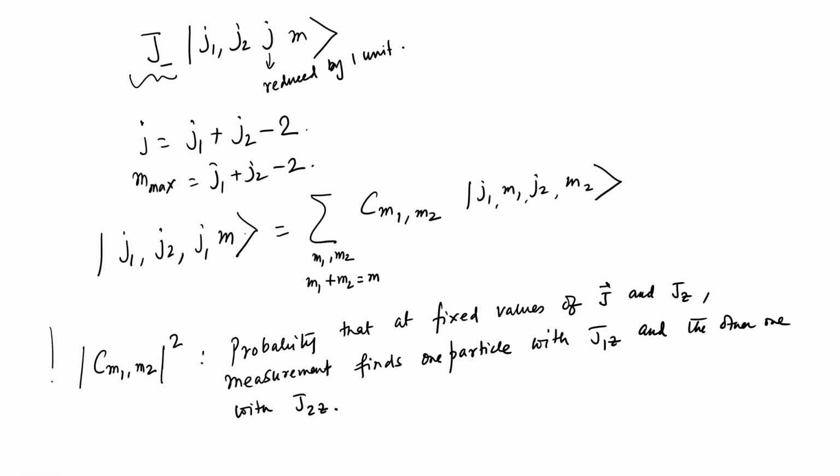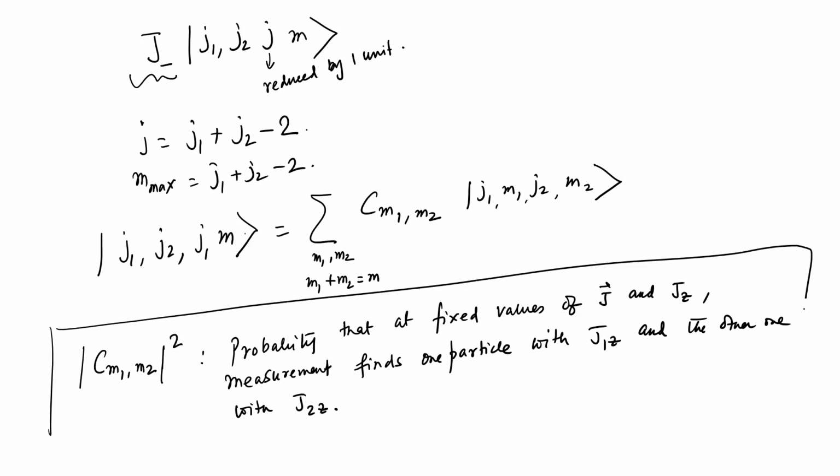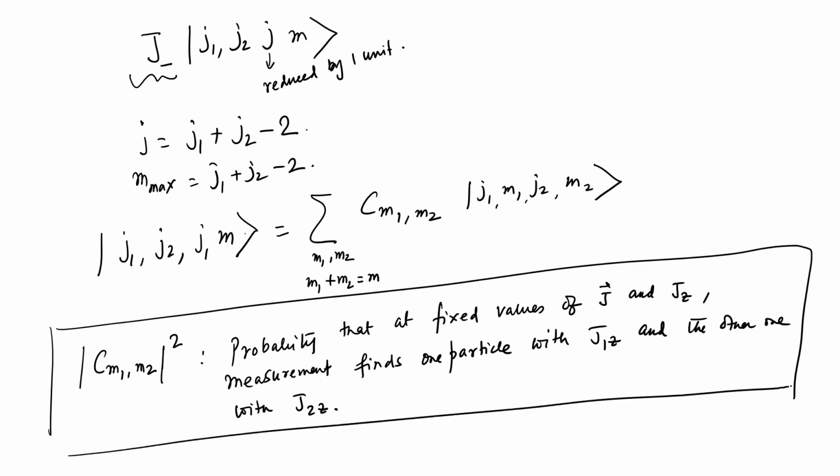This is the meaning of the Clebsch-Gordan coefficient. So, if at fixed values of j square and jz you make a measurement on the particles, the individual particles will be found with their corresponding magnetic quantum numbers m1 and m2, and this is what it is.